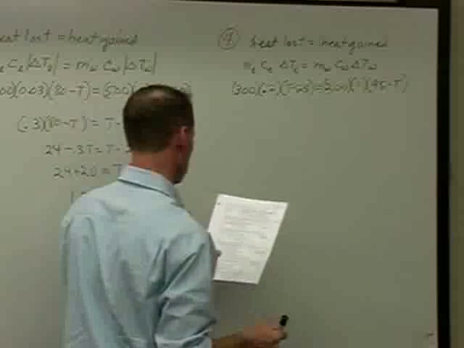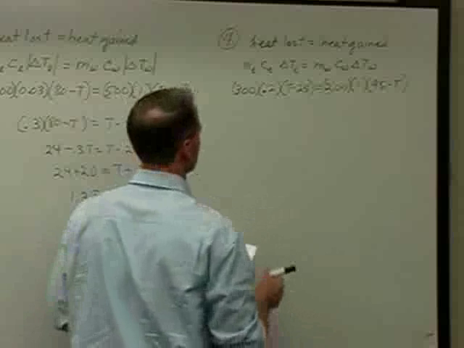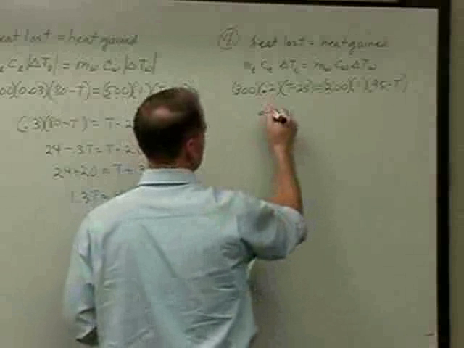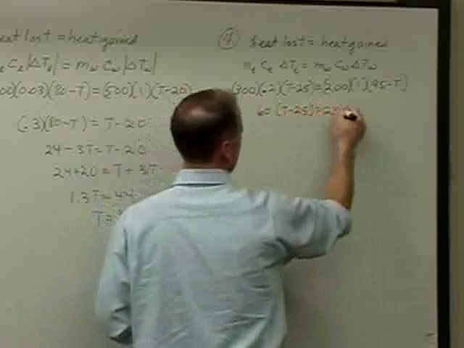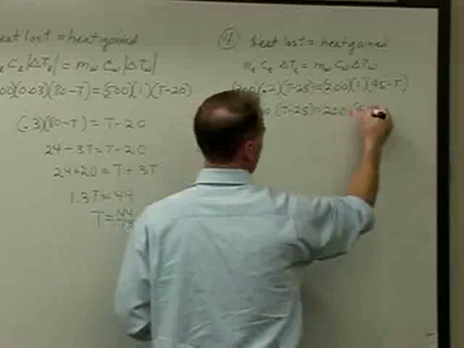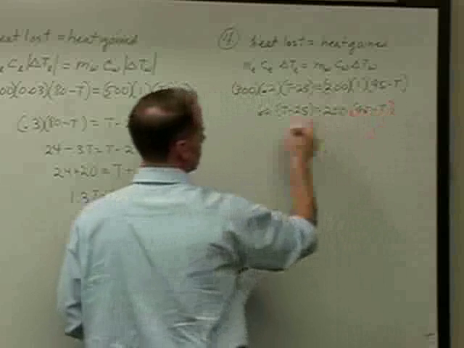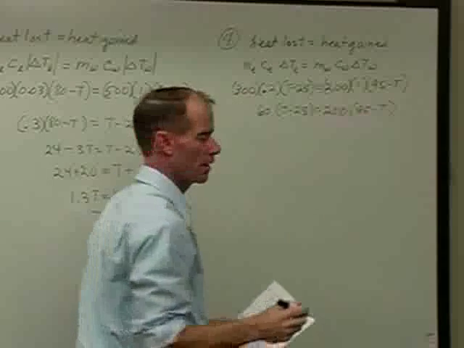And this will be 60 times (T minus 25) equals 200 times (95 minus T). Let's divide both sides by 200.